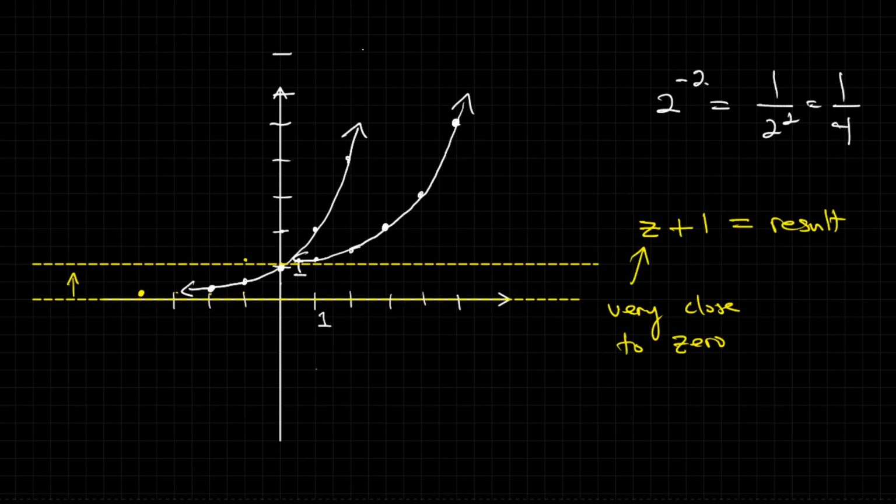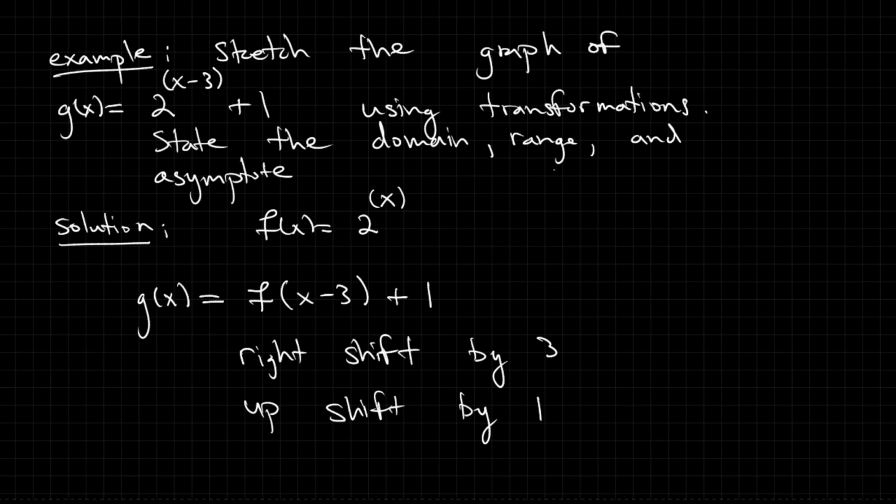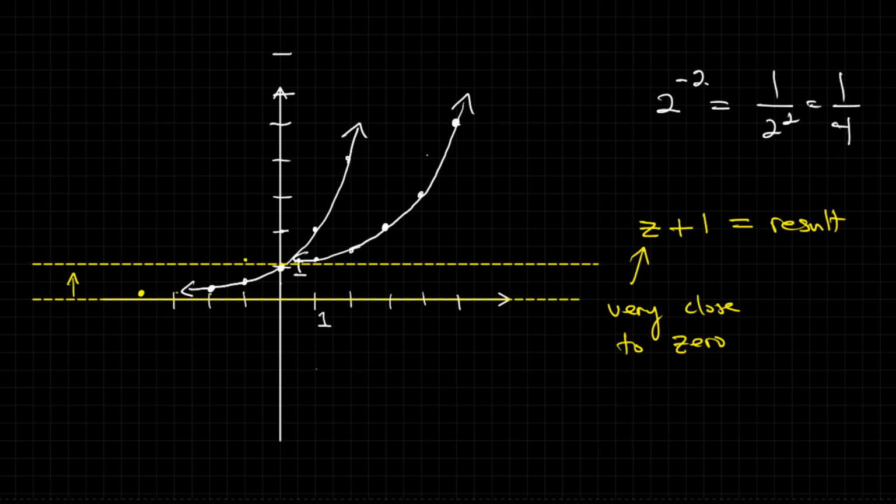Now let's try and figure out the range. Remember, the range is all the y values, and for the original graph, let's make this a bit uncluttered. For the original graph, let's go ahead and make that yellow.